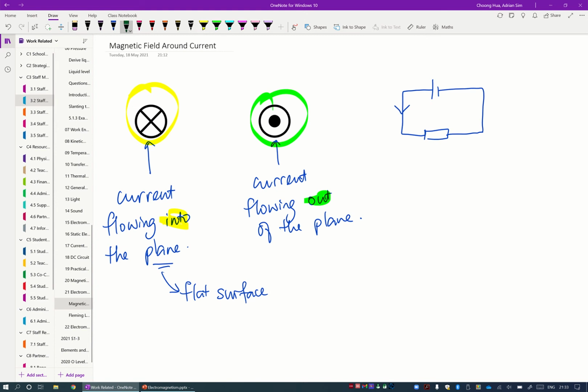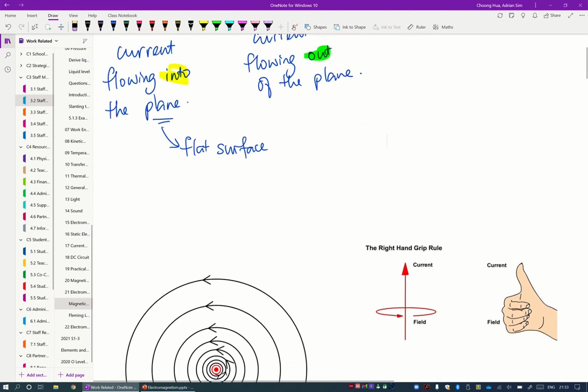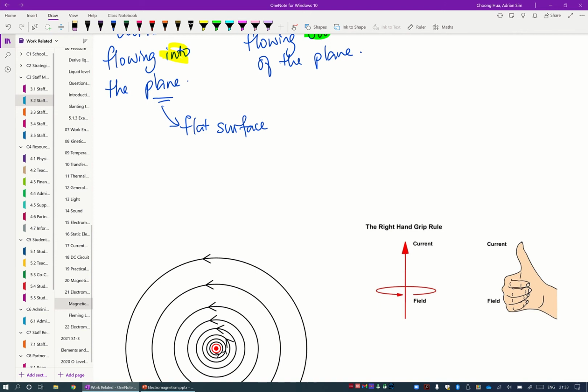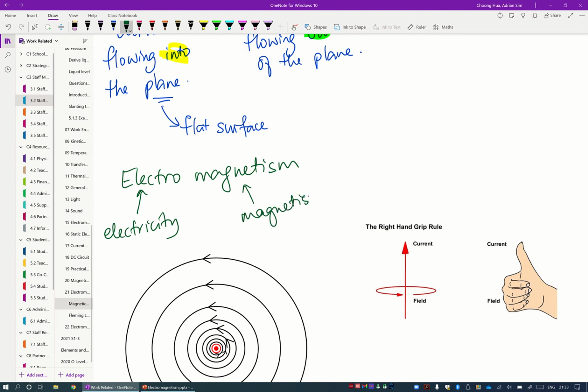Next, let us explore what we mean by electromagnetism. The word electromagnetism comes from electro, which comes from the word electricity, and magnetism is, well, magnetism.